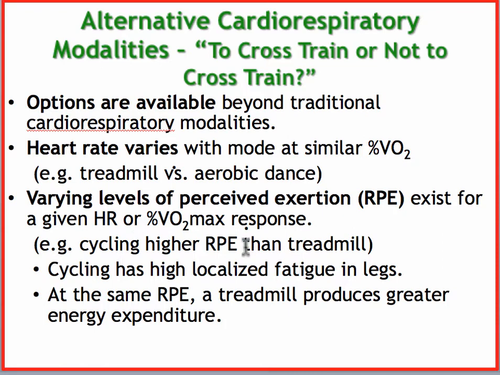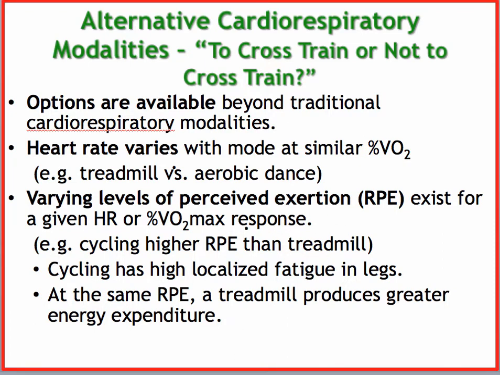And so at the same heart rate or the same VO2 max response, you find that you have a higher RPE when people are cycling versus when they're using the treadmill. And if you think about this, this makes sense because with cycling, you're relying on a smaller, less frequently used muscle group than with treadmill use, so you end up having more localized fatigue in the legs with cycling.